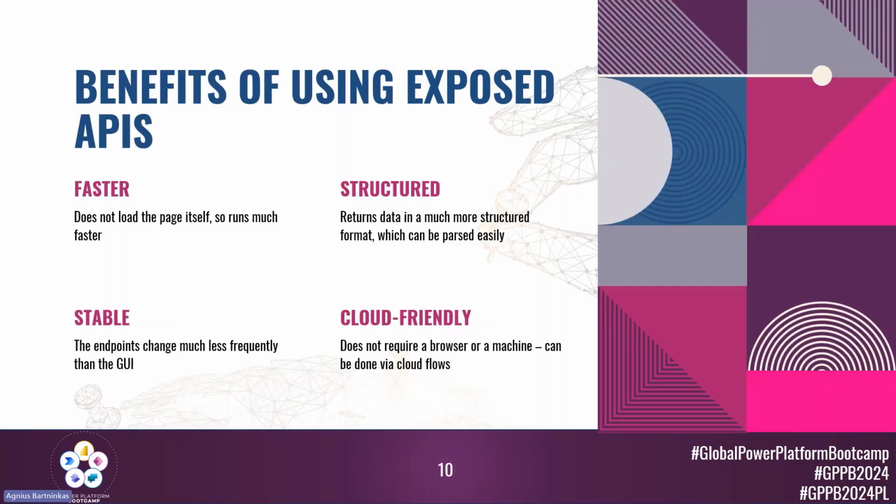Now, if you've ever used APIs instead of using user interfaces, it shouldn't come as a surprise to you that it's a much more efficient approach. They work much faster. We don't need to rely on the browser at all. We don't load the page itself. We don't load irrelevant assets such as images, videos, ads, etc. So it usually runs much faster.